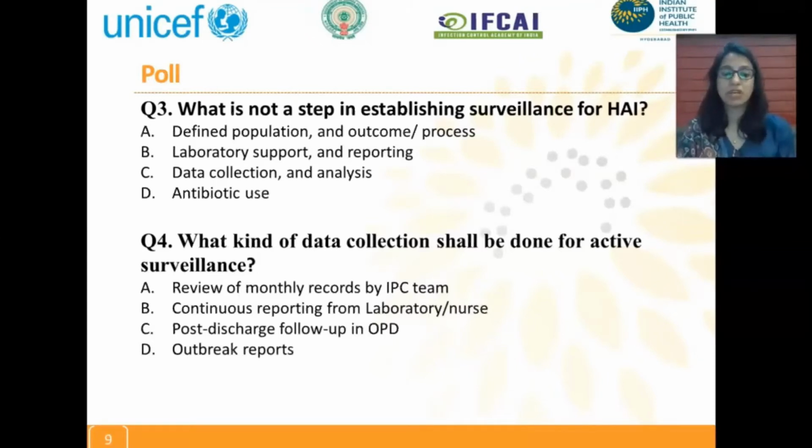Okay, question 4. What kind of data collection should be done for active surveillance? Right, for active surveillance: review of monthly records by IPC team, continuous reporting from laboratory or nurse, post discharge follow up in OPD, or outbreak reports.